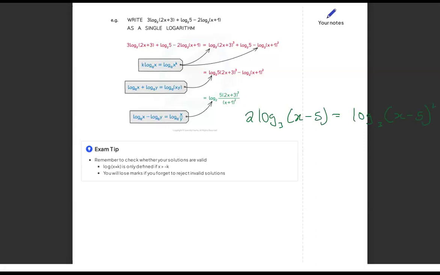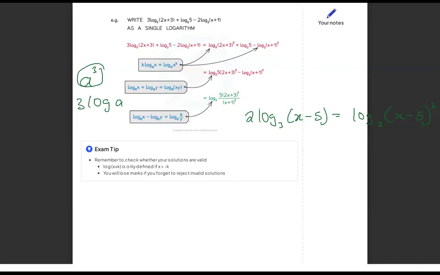They ask you to work out what x will be. I told you about this law that if you have a cube, you can turn it to 3 log a. It's like bringing the power down.